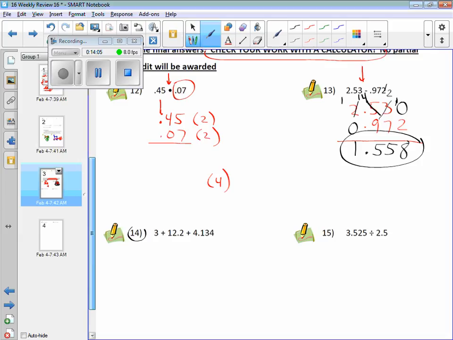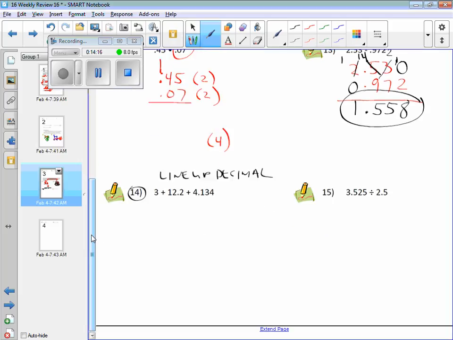Okay, same thing with 14. Line up decimals. And I'm going to set up the division with you, because it's been a while since we've done it. Remember, that second number is going to go outside the house. So I've got 2.5 out, 3.525 in.